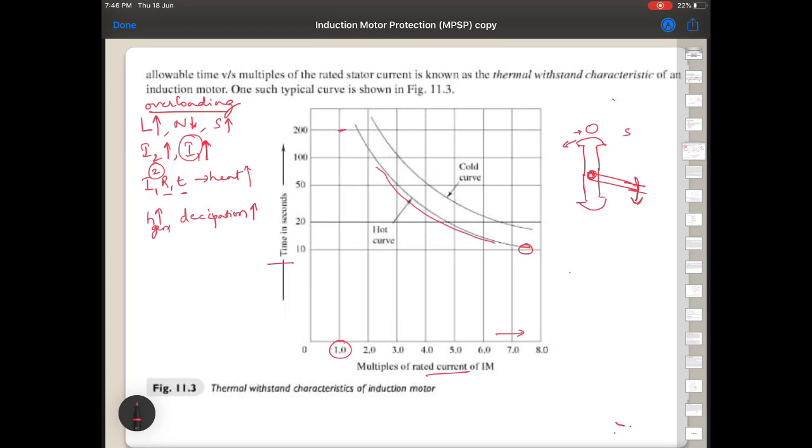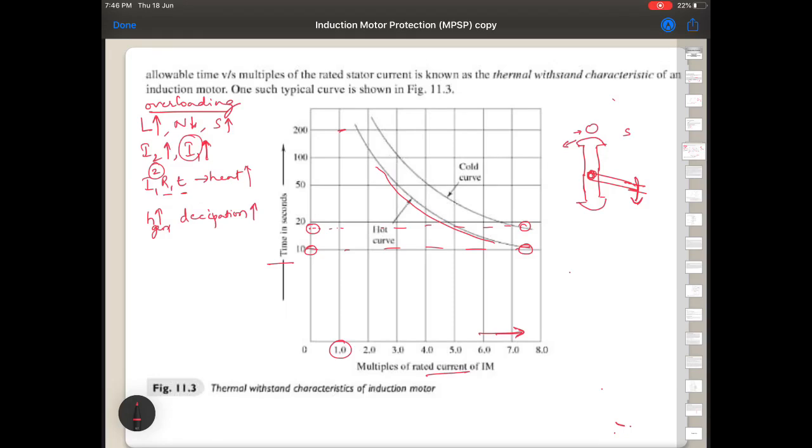What is the cold graph? We will see. The cold graph is for when the system is at standstill, that is, if it is not running. Before starting the system, the temperature of the motor will be very low. So even in that case, if it draws a very high starting current, it will take a bit more time to be heated up compared to the earlier case.